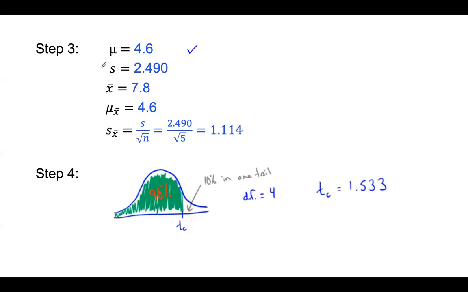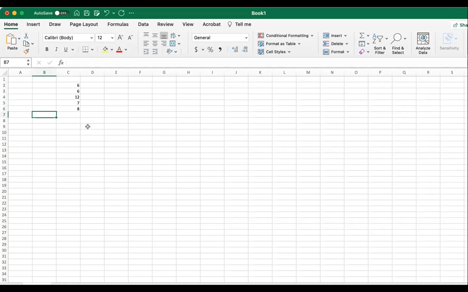Now, these specific numbers, we could use Excel to find them. In Excel, we can just type in those 5 numbers, and there are functions. Let's say we want S, or we want the average.